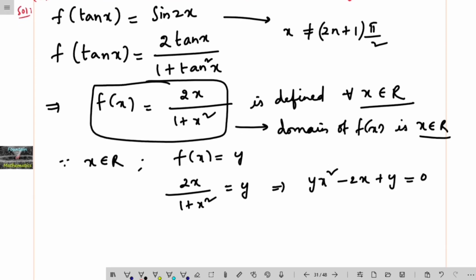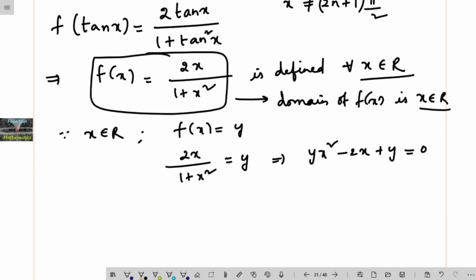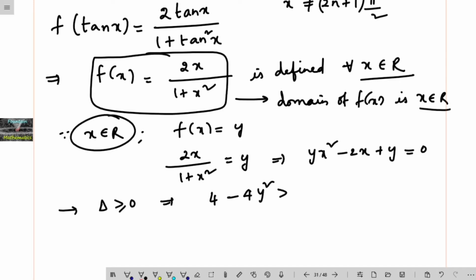It is a quadratic equation in x, where x is a real number, so the discriminant must be greater than or equal to 0. So that is 4 minus 4y into y, that is 4y square, must be greater than or equal to 0, or we can write 4 times (1 minus y square) is greater than or equal to 0.